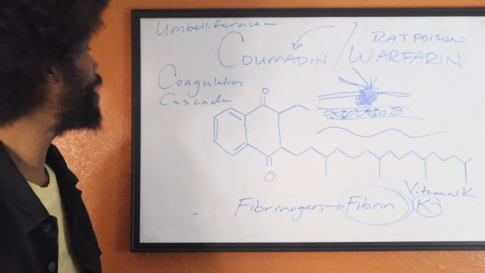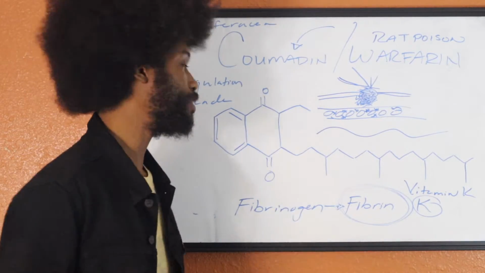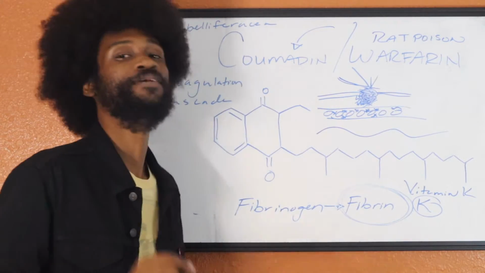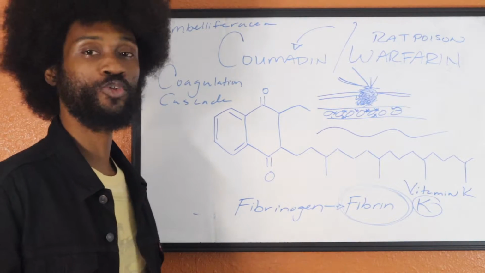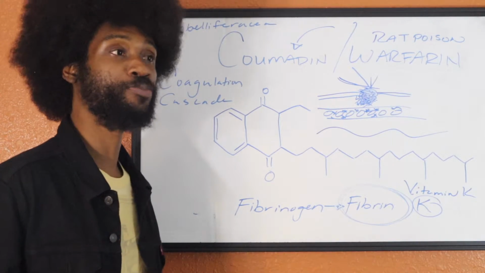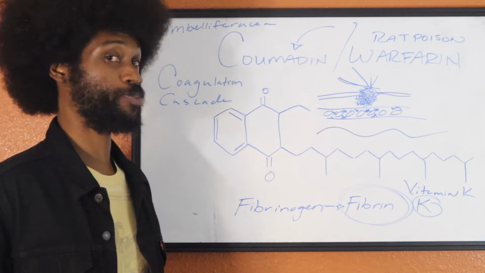One second before we get into that, this vitamin K, like I said, is called phylloquinone. It is structurally identical to ubiquinone, or coenzyme Q10, which is responsible for the overturn of electrons in our electron transport chain.